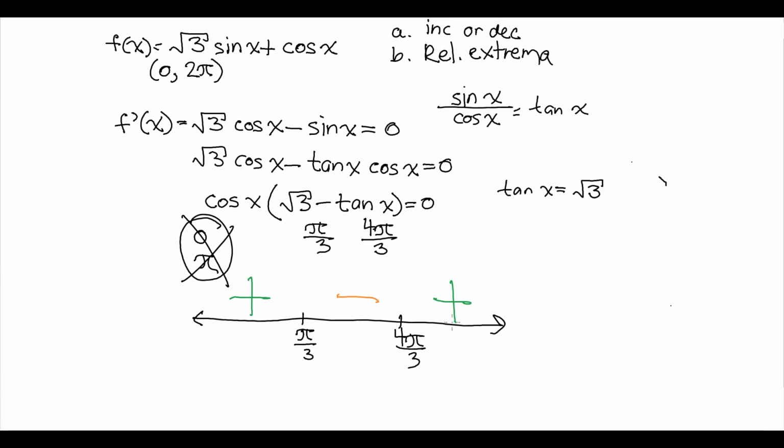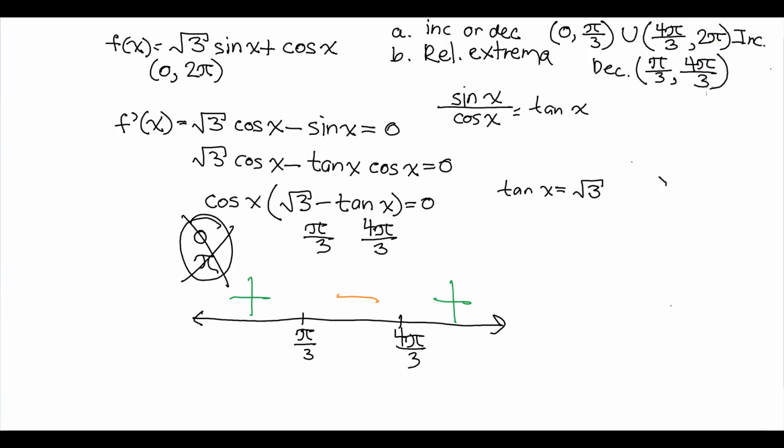So the derivative is positive from 0 to pi over 3 and from 4 pi over 3 to 2 pi, so that's increasing. It's decreasing on the interval from pi over 3 to 4 pi over 3.